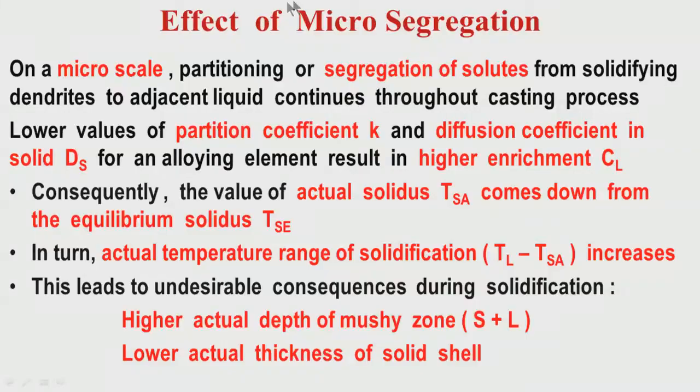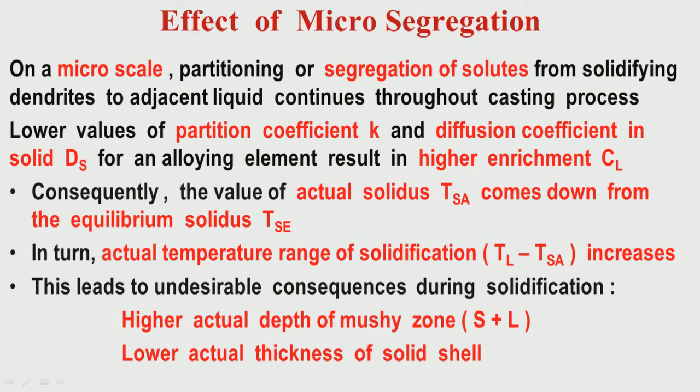So, the dendrites are relatively less in concentration of the alloying elements. The liquid, which is yet to be solidified, is becoming more and more rich. This continues throughout the solidification process. So, we call it microsegregation of solutes from solidifying dendrites to adjacent liquid.